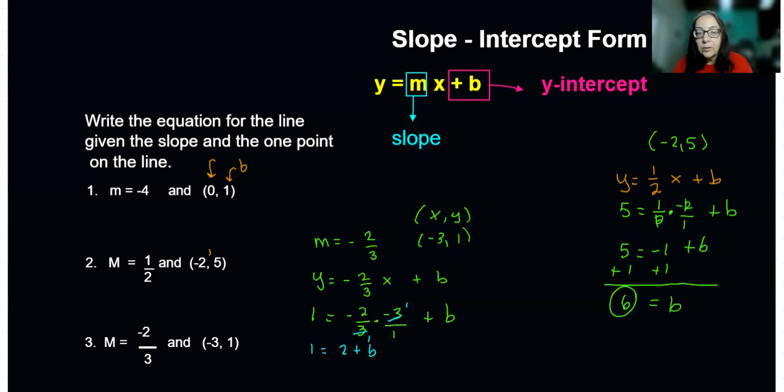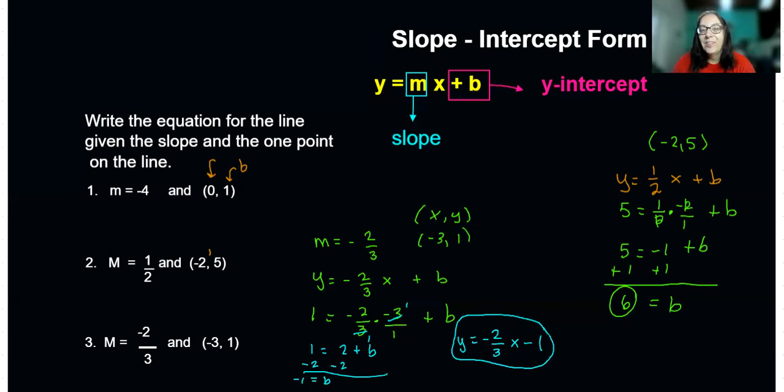I subtract it. So b equals 1 minus 2, which is -1. So now that I have m and I have b, I can write my equation. y = -2/3 x + b. And again, it's -1, so I just write -1, which is the same as plus a -1. And there you have it.